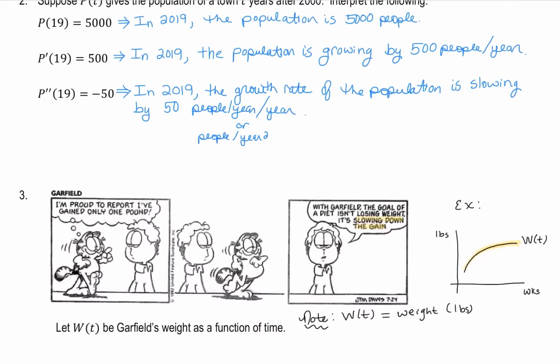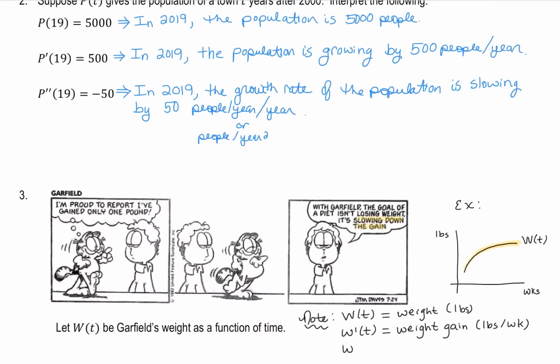The first derivative is the rate of change of his weight. In this situation, it's a weight gain situation. He's still gaining weight, that's described in the problem. So the first derivative is his rate of change of weight, which we know to be a weight gain, and we would label that in pounds per week.